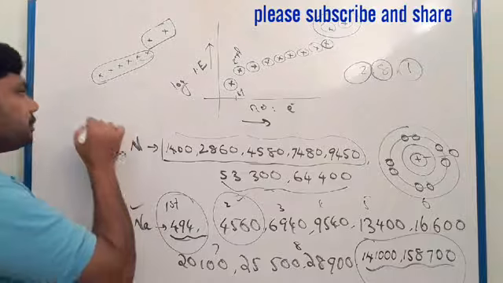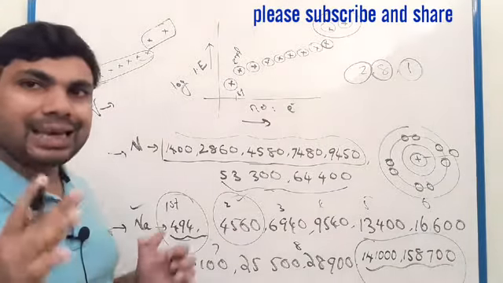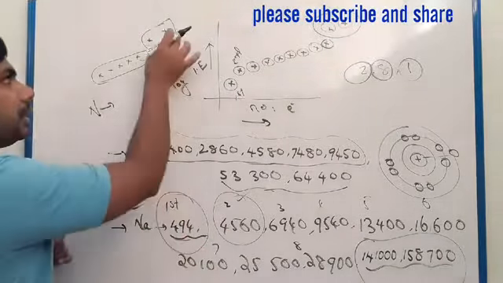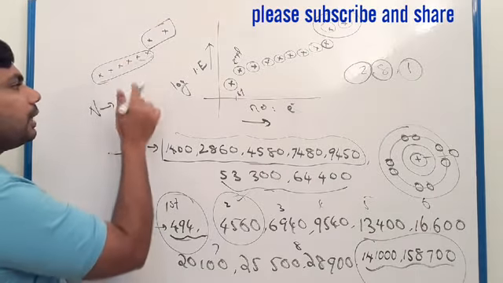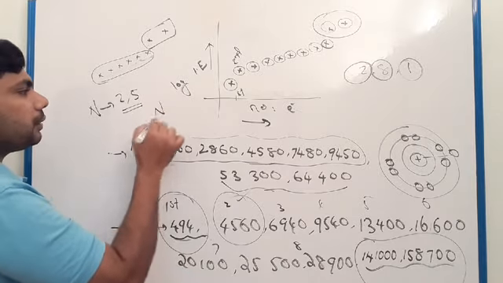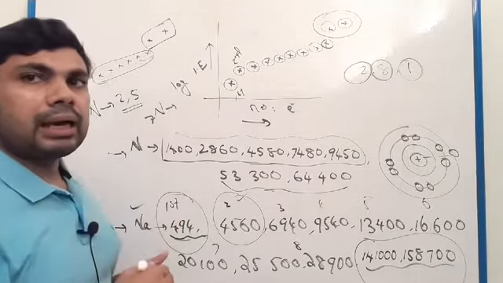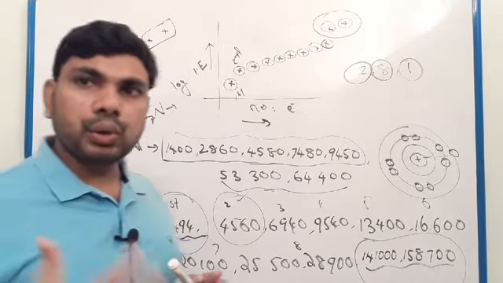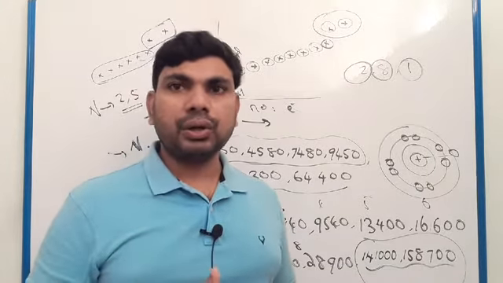So nitrogen consists of 2 main energy levels. Here, 2 electrons are in one energy level and 5 electrons are in another energy level. The atomic number of nitrogen is 7, so there are 2 energy levels: the first energy level has 2 electrons and the second energy level has 5 electrons.